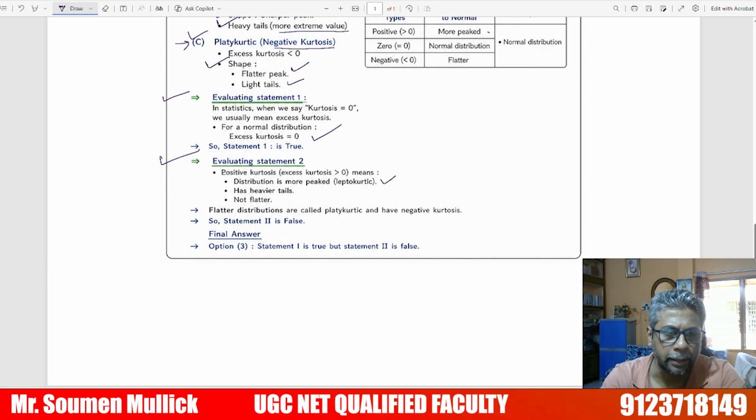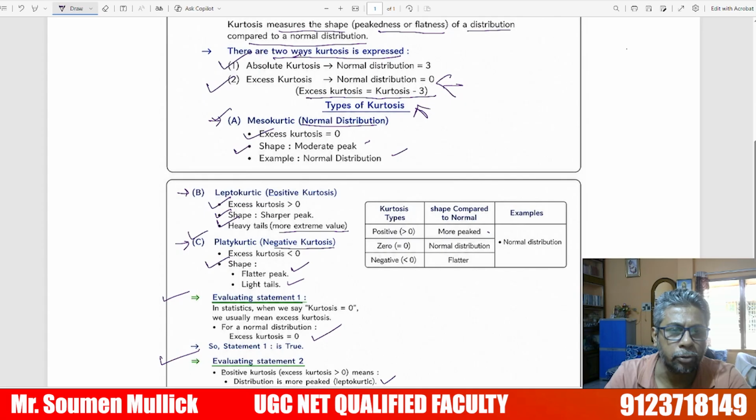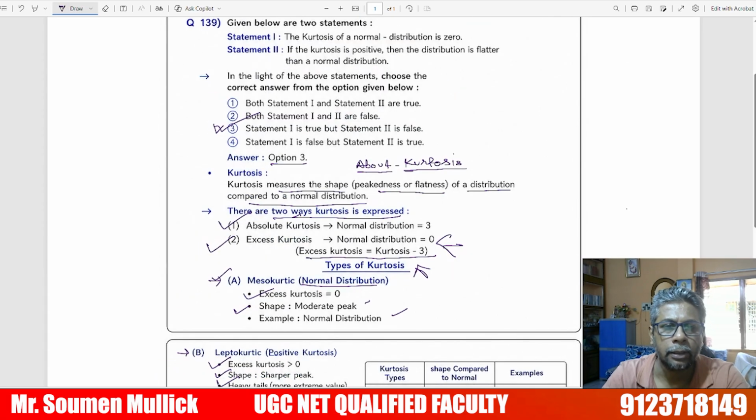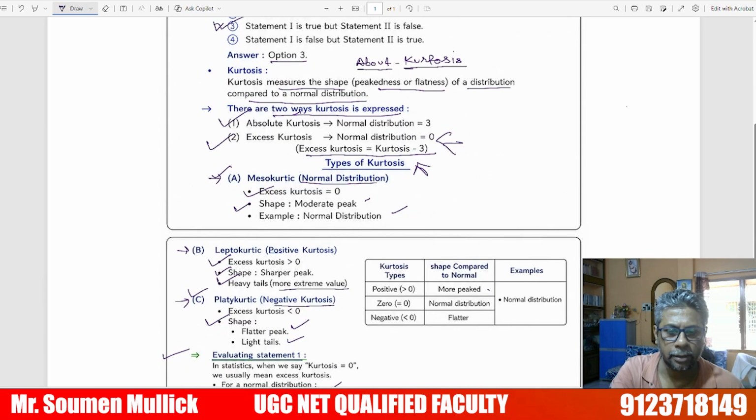Leptokurtic has heavier tails, not flatter. Flatter distributions are called platykurtic and have negative kurtosis. So statement 2 is false. They said that if the kurtosis is positive, then the distribution is flatter than normal. This statement is false. So option number 3 is right.